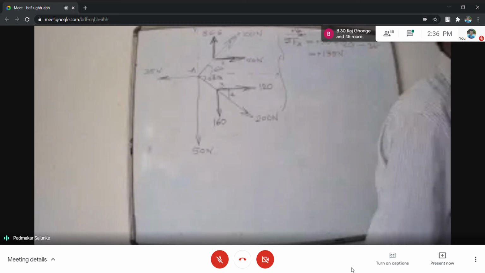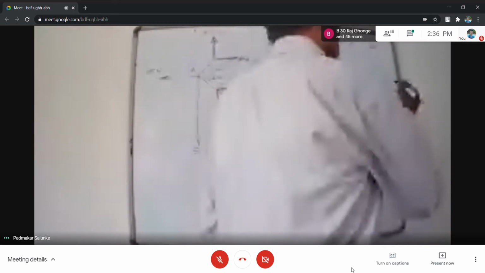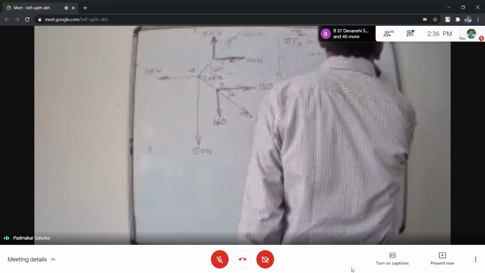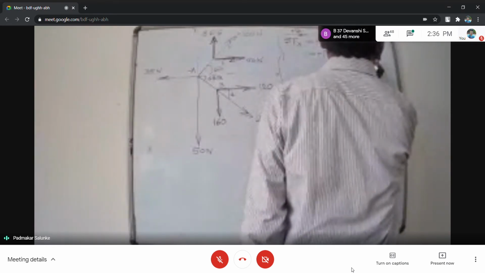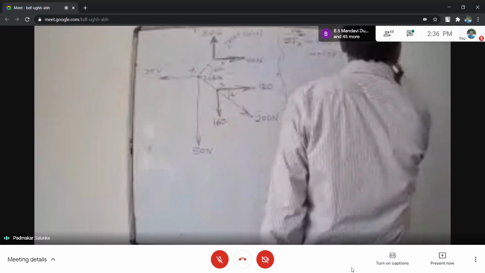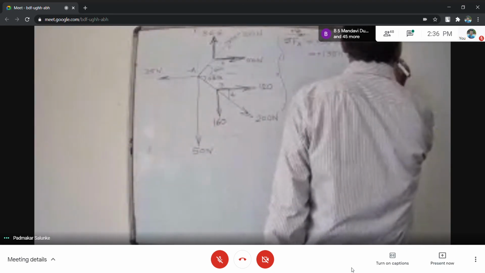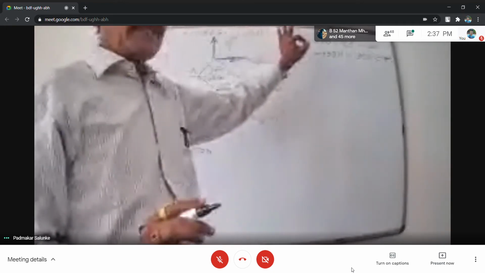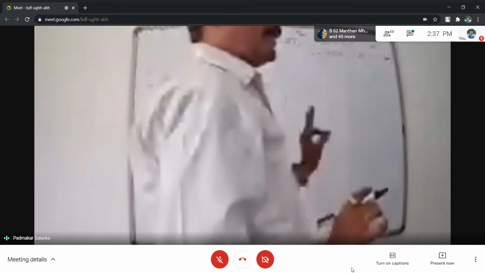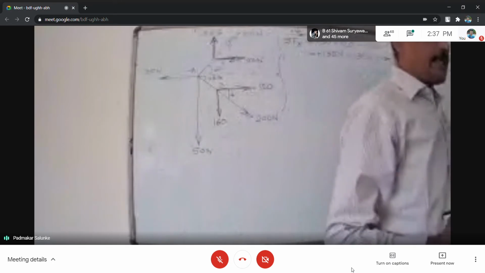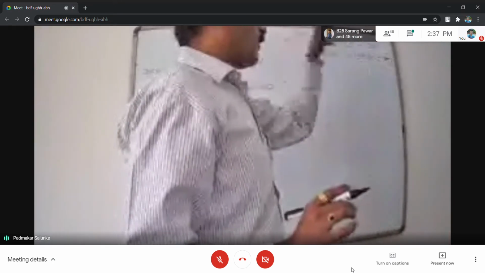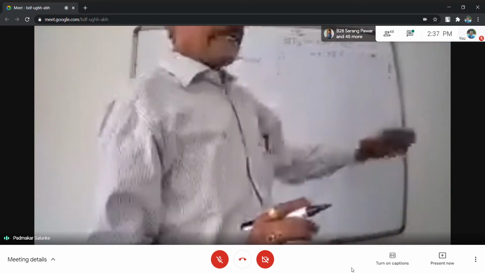The answer is plus, so perfectly you are right, 135 Newton. The plus sign indicates that it is acting to the right. So summation Fx is nothing but the x component of the expected resultant. The answer is 135, it is positive, which indicates that it is acting to the right.